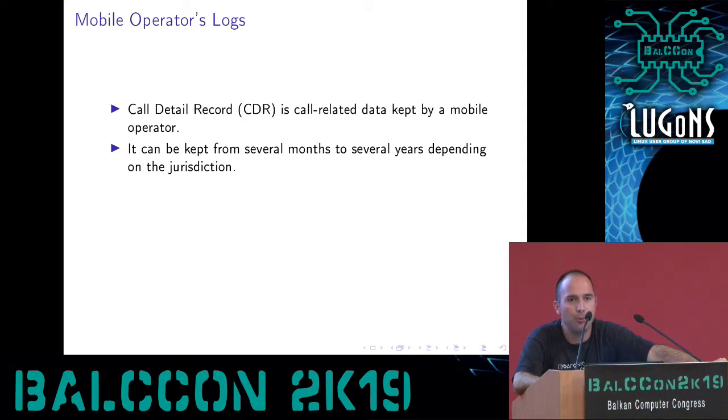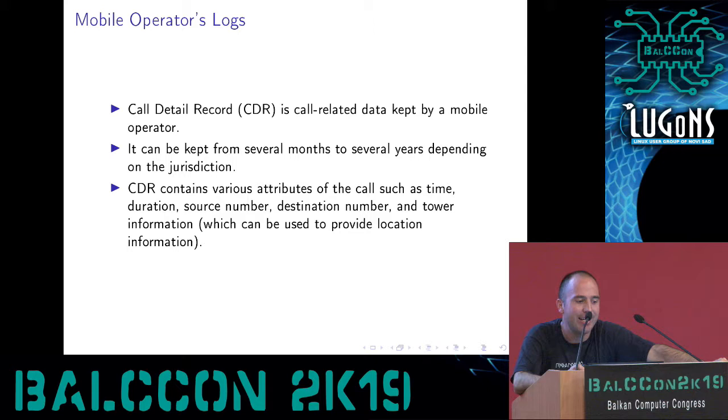But here in Serbia, each operator has to keep that data for at least 1 year. And the data kept is data such as time of the call, duration, source telephone number, destination telephone number, so we can see who called whom. But there's also some technical data which can be used to get device location.